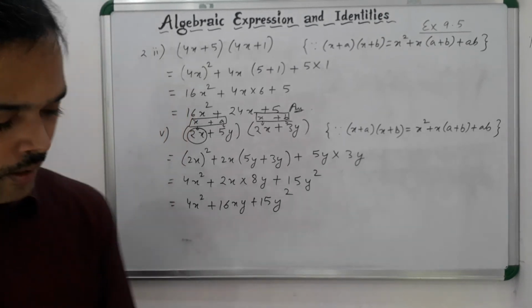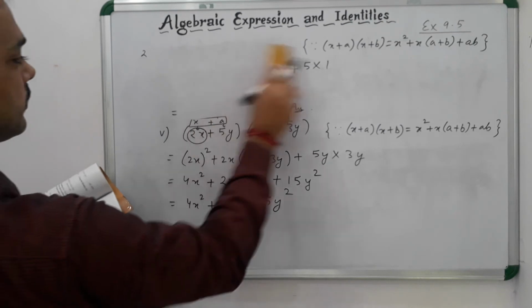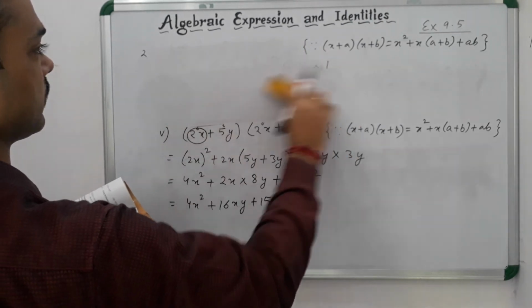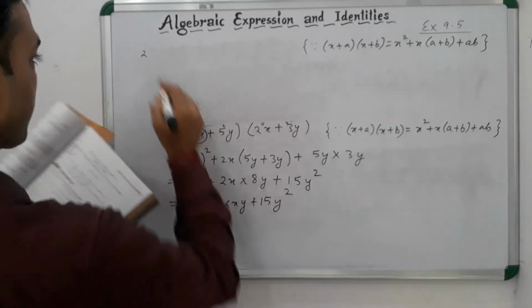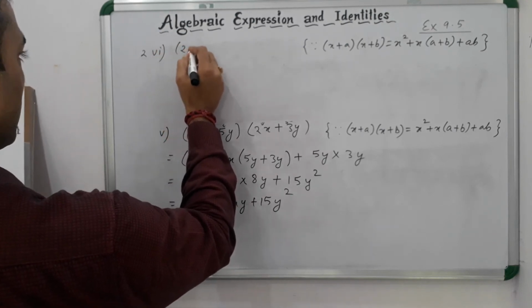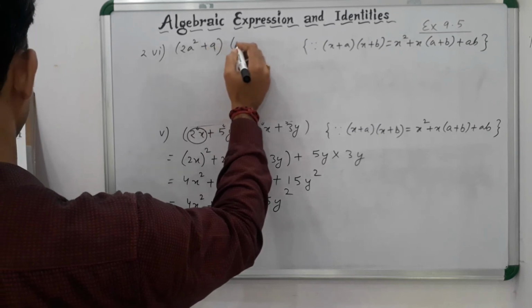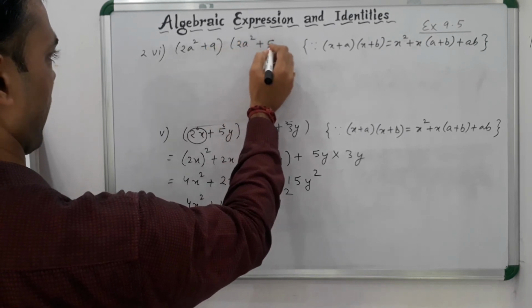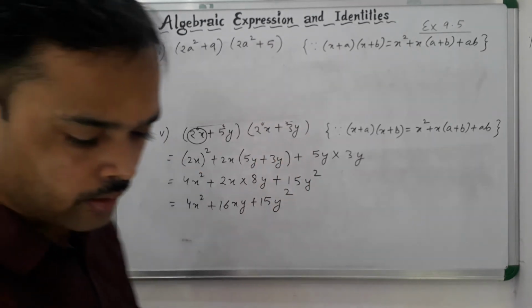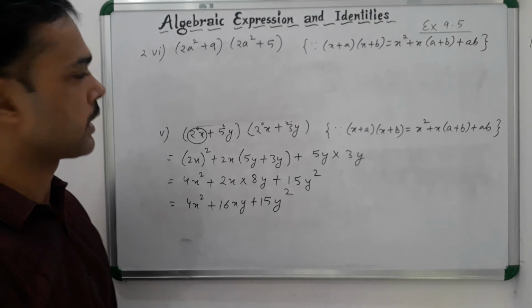After this, now let us do the sixth part. In the sixth part, the question is (2a square plus 9) (2a square plus 5). Once again, we are using the same identity. At place of x, we have got 2a square.